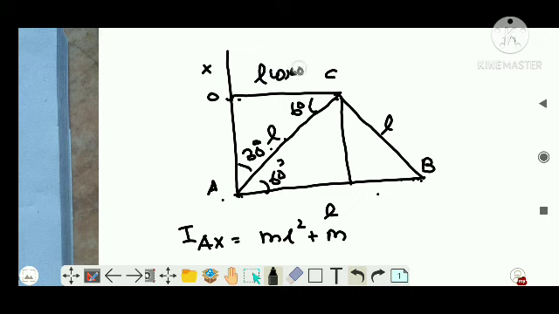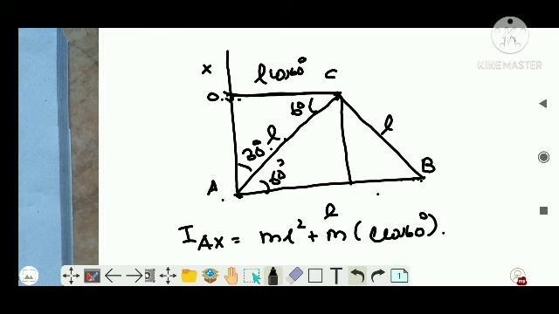Find it by yourself. So C from the axis is m into (L cos 60) whole squared.